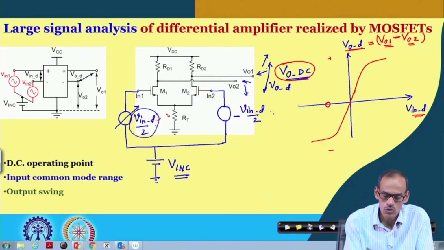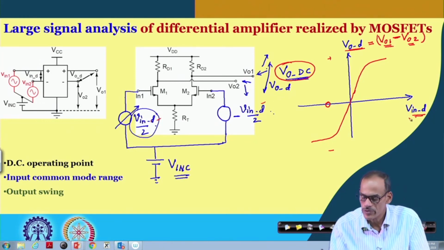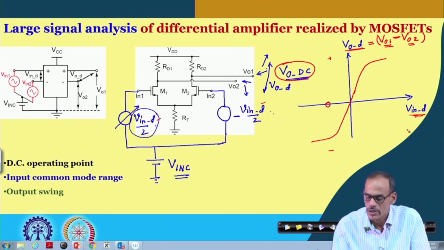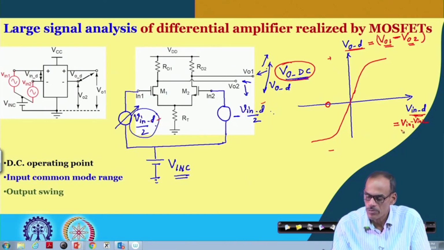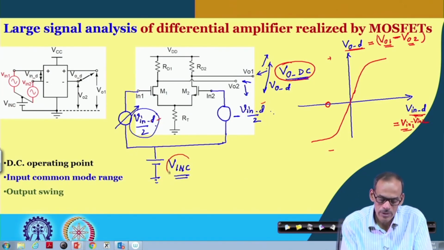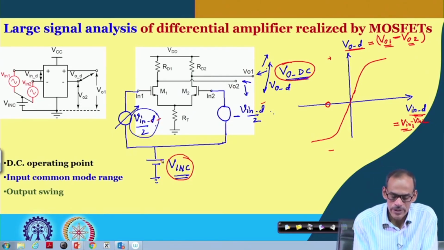If I make these two voltages together, but make this voltage higher and higher, then we may define this V in D as capital V in 1 minus capital V in 2, and both of them have this V in C DC.